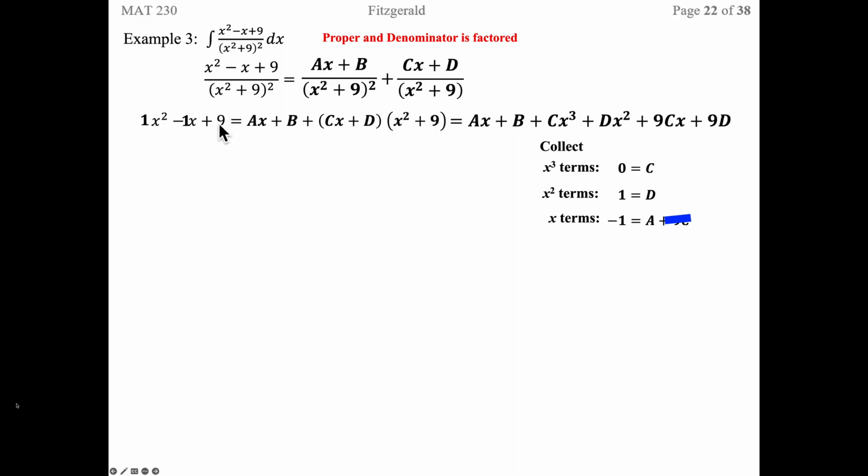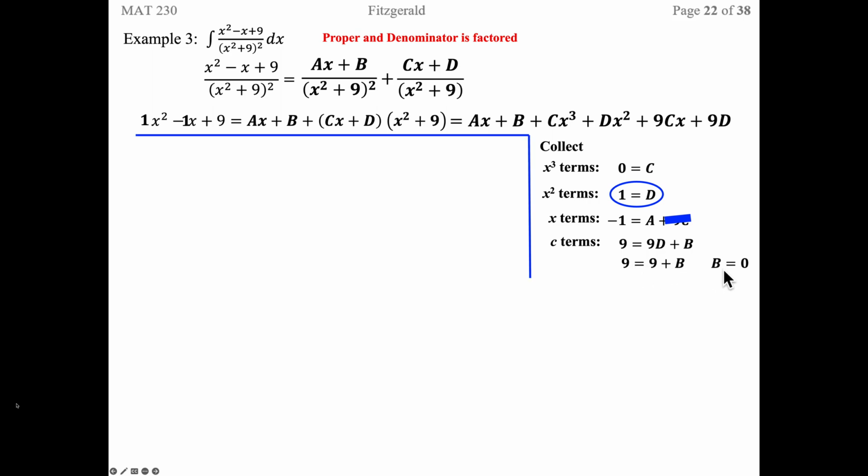And then for your constant, the 9 is equal to the B plus the 9D. But again, we know the value of D. So let's put a 1 here. That's 9 times 1 is 9. 9 plus B equals 9. That indicates that if you subtract the 9 over, B is equal to 0.